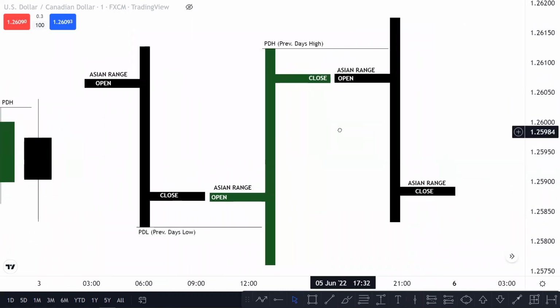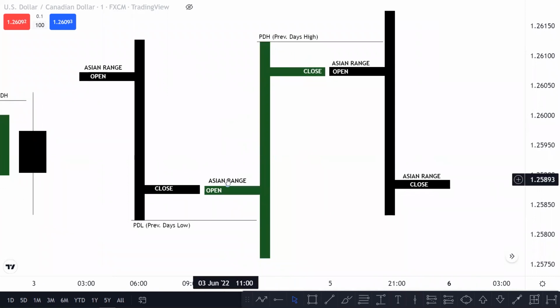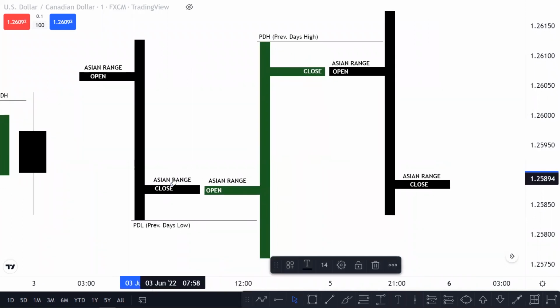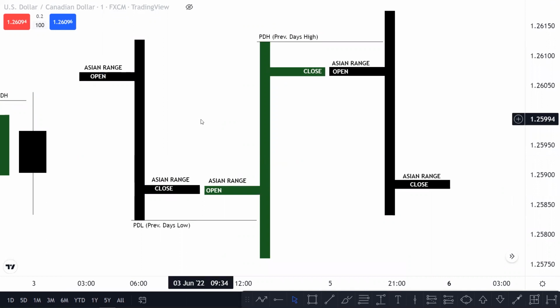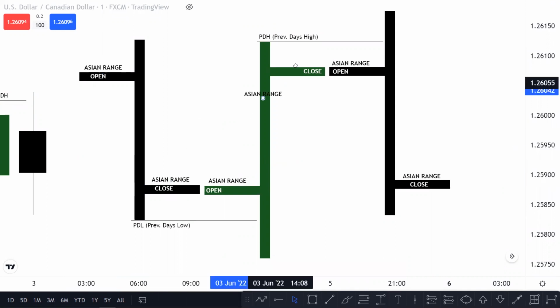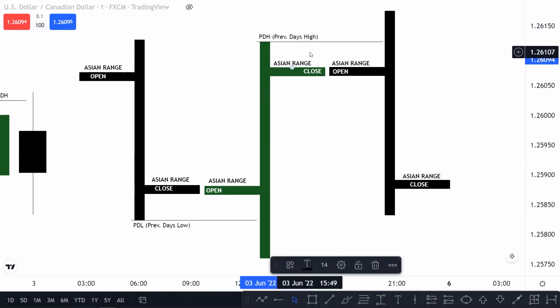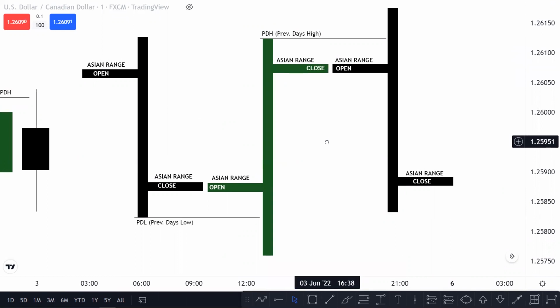Now, I want to talk more about two ranges. Asian range 1, the Asian range open at the open and the Asian range at the close. The same thing happens here. I told you they are confusing, that's why we are learning more episodes.